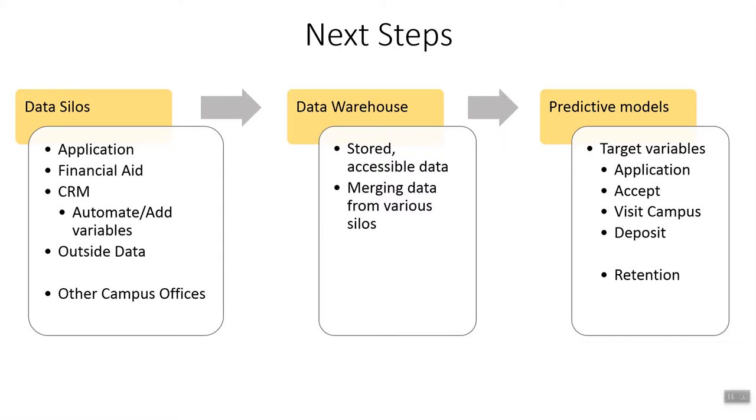I particularly think of retention, so course selection, things of that nature, to see which students are actually staying and are happy at Mary Baldwin will be something that we take a look at down the line. We are working actively to have a big data warehouse on campus, to have all these different data silos stored there so that we can have easy access to them and that we can merge the data from those different databases.